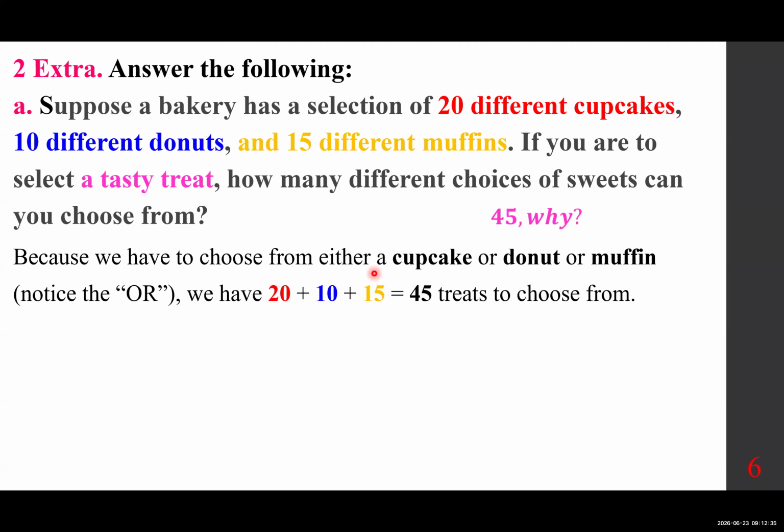Because we have to choose from either a cupcake or donut or muffin, notice the or, we have 20 plus 10 plus 15 or 45 treats to choose. We're going to choose one of it. How many different choices of sweets? A taste, and that's the key.